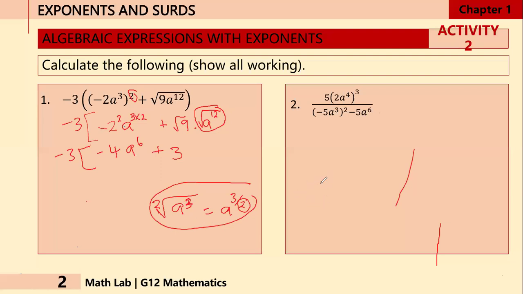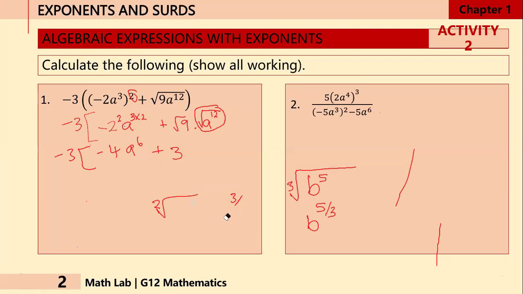If you have, let me say, square root of b to the power, let me put 3 here and 5 here. Do you see? How do you remove a square root? You're going to say b to the 5 over 3. So we're going to apply the same principle even in our question here.